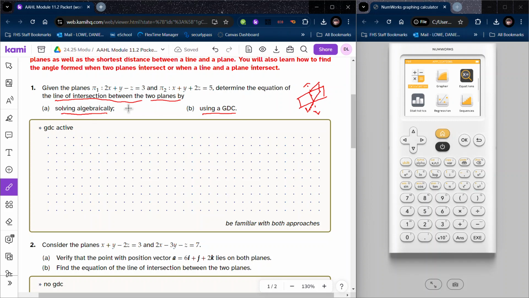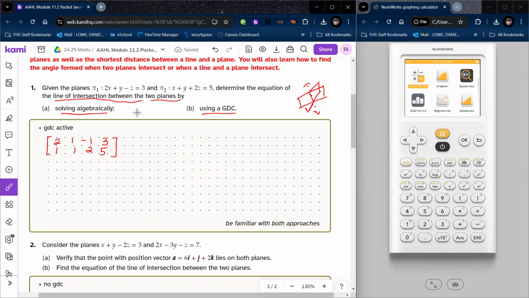So our matrix approach, which is essentially nothing more than an elimination approach, is to start with creating our matrix of coefficients. And so we're going to have 2, 1, negative 1, 3 for our first plane, 1, 1, 2, and 5 for the second plane.